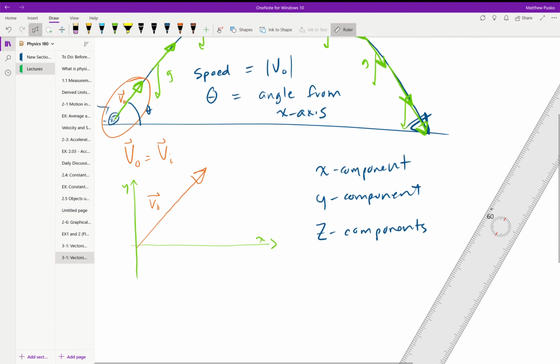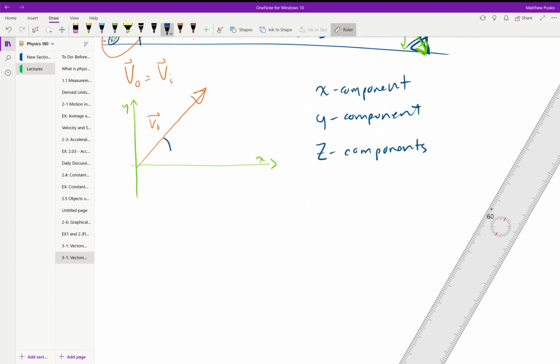That would be this angle, theta. The whole goal is to break up the vector into a horizontal and a vertical component. So we'll call this V in the x direction and V in the y direction. No z component needed in this case.